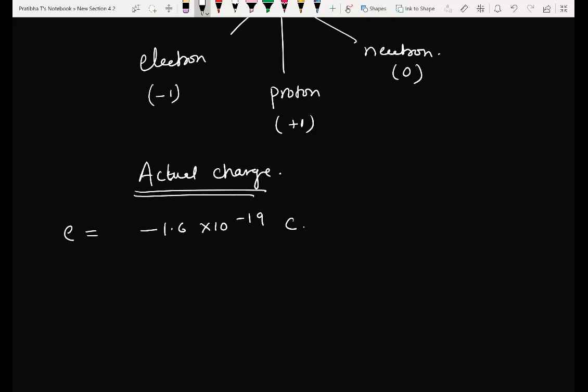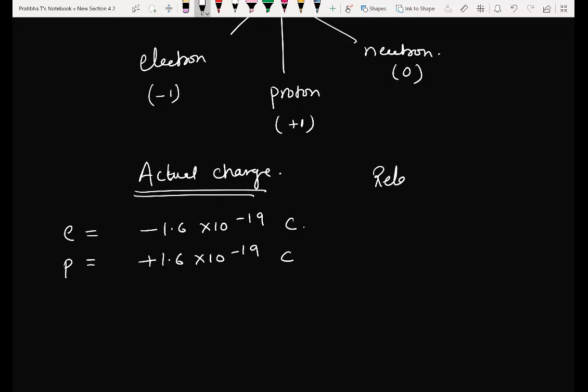This C is the unit of charge. In physics or chemistry, it's very important that when we write a parameter, we should write the SI units also. The proton charge is positive 1.6 times 10 raised to power minus 19 coulomb. As you can see, they have the same number, but the only difference is that one is negative and one is positive.